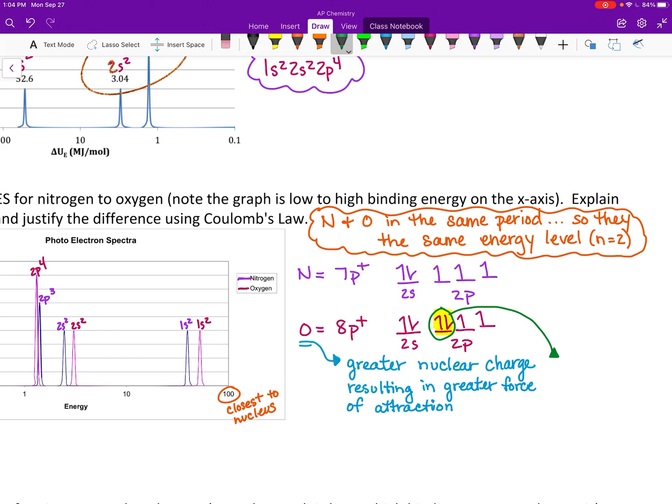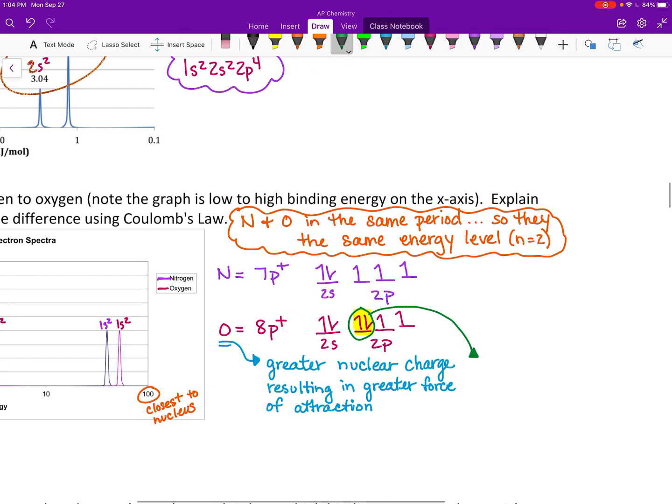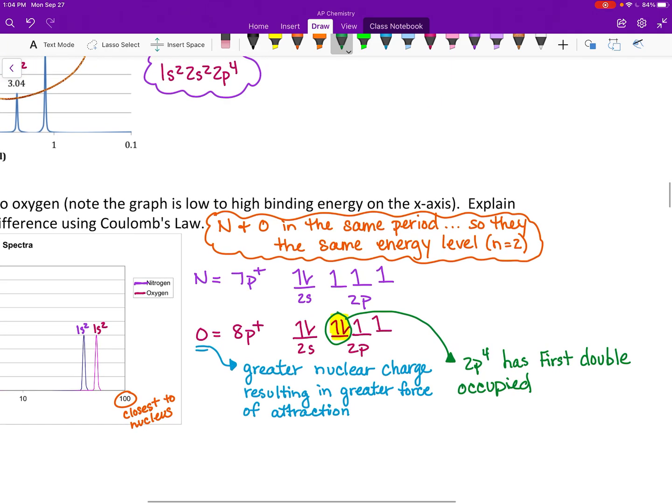I'm going to talk about this specifically. The 2p4 has the first doubly occupied p orbital, I guess I should say.